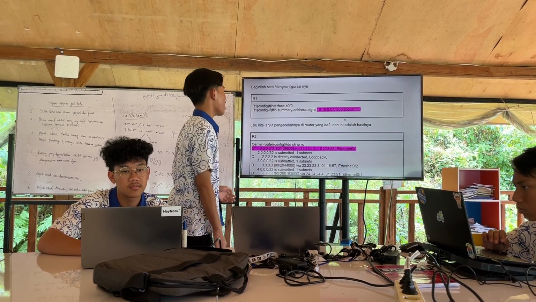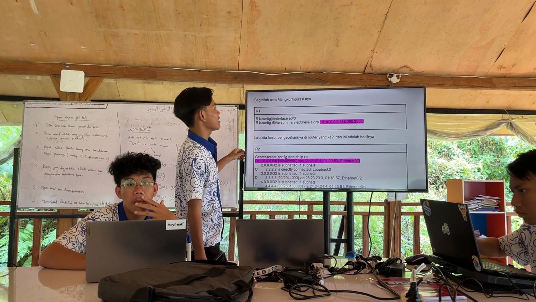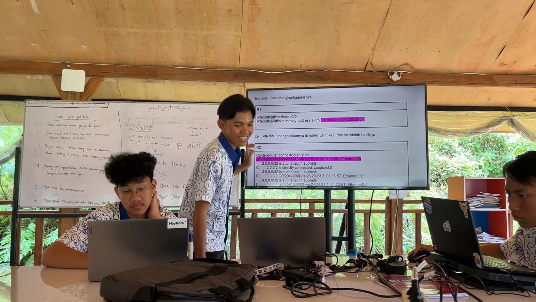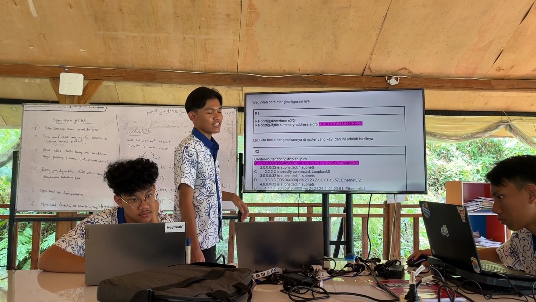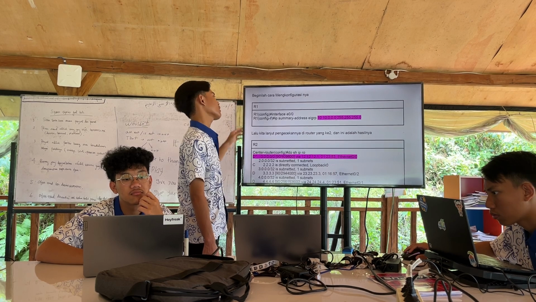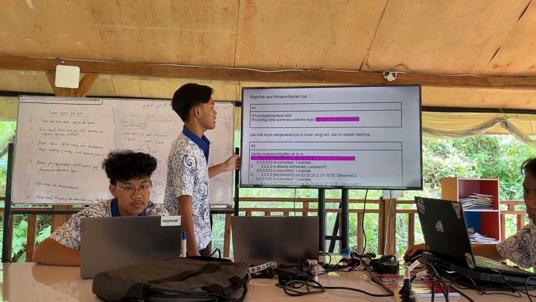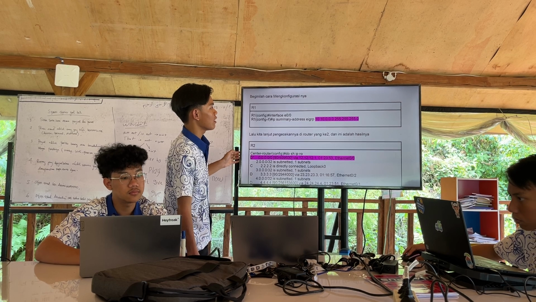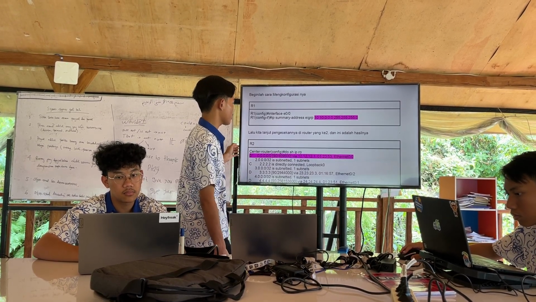And if you're wondering how to do IP summary address configuration, the command is like this. You have to enter the interface first, and then you can type IP summary address AGRP and the IP that you want to summarize.